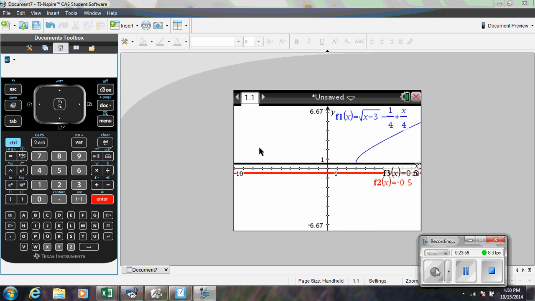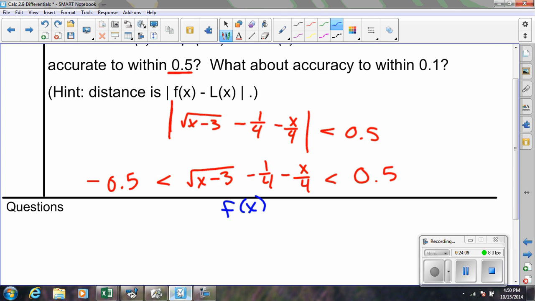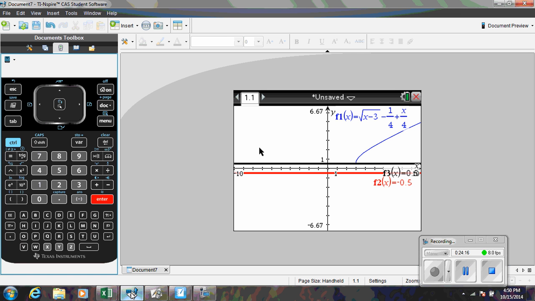I'm seeing something I did wrong. I typed in the function incorrectly. You notice how my equation says plus x over 4? It's supposed to be a minus x over 4. I typed it in the calculator wrong, which is why we're seeing some pieces not working. We'll have to come back, edit that function, and fix it.